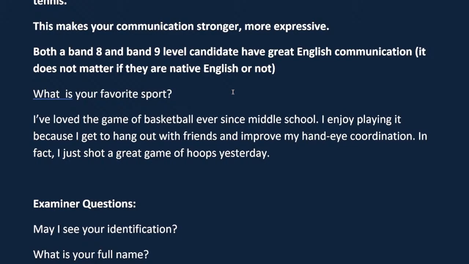And that is decided by your ability to control your expressive language. Okay. So both a band 8 and band 9 level candidate have great English communication.